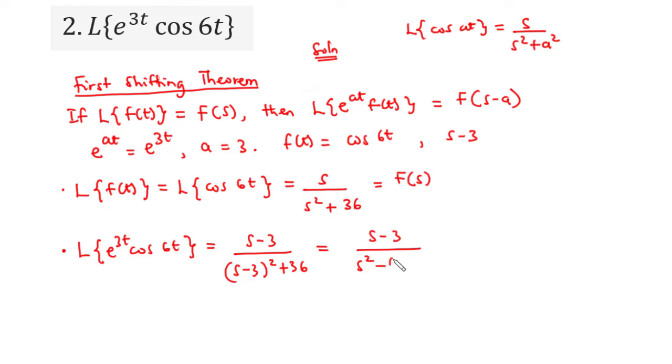So we have negative 6s, and then negative 3 times negative 3 is plus 9, and then plus 36. So 9 plus 36 is 45, so we simply have 45 here. So this is the Laplace transform of e to the power 3t cos 6t.